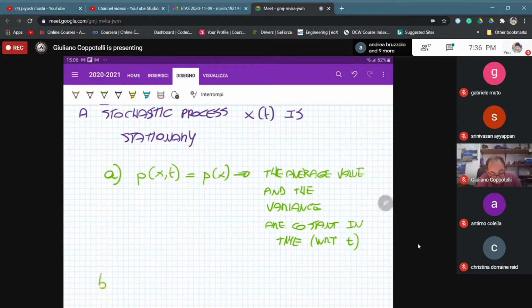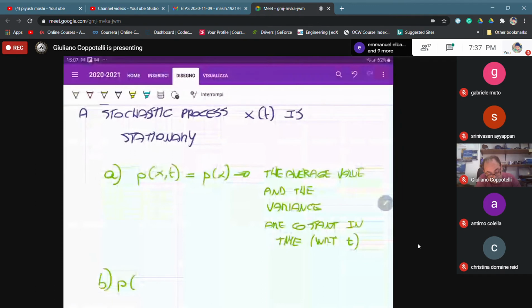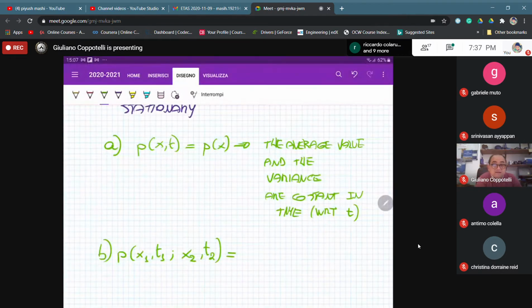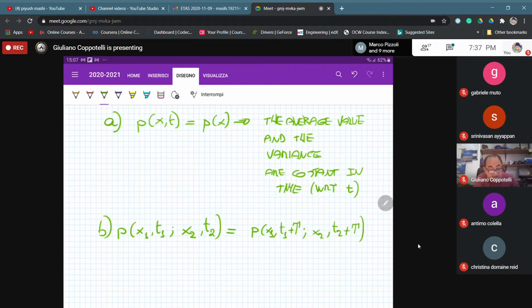The second property, B, is that if we consider the probability density function between two events, x1, t1, and x2, t2, and we compare this probability density function after a variation of the parameter t, so x1, t1 plus t and x2, t2 plus t, and if we have this equal sign, that means that your probability density function depends on the difference between the two parameters t2 and t1, and not only on the absolute values of t1 and t2.